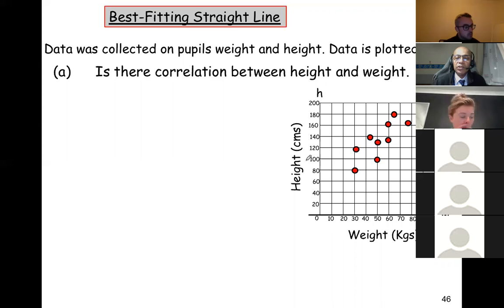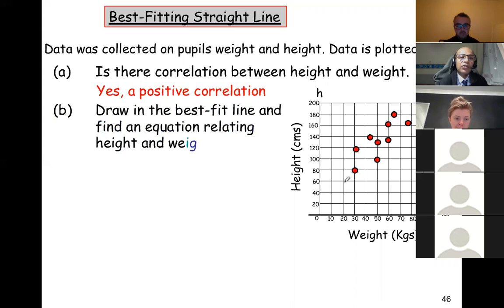As we are increasing the height, you can see that the weight increases. So that's what they're looking for. The first thing you would say is, yes, I can see a positive correlation between all that data.